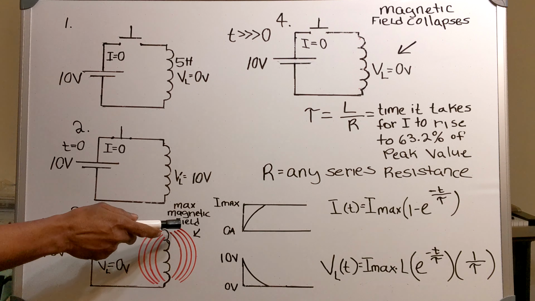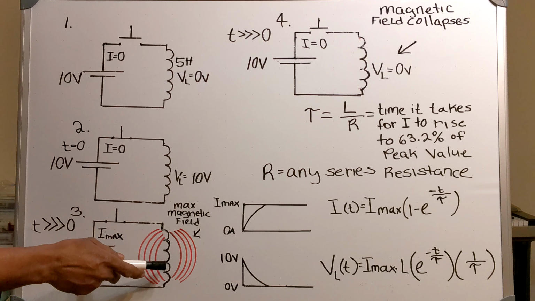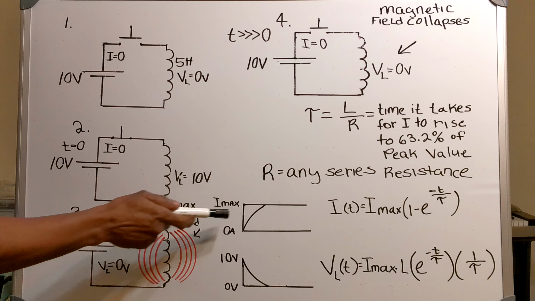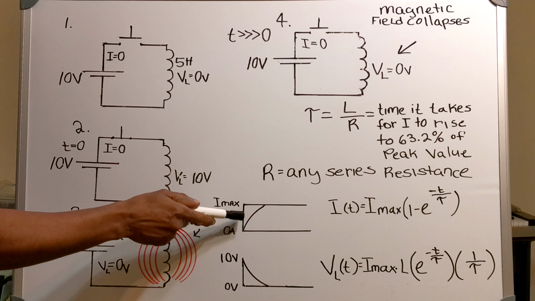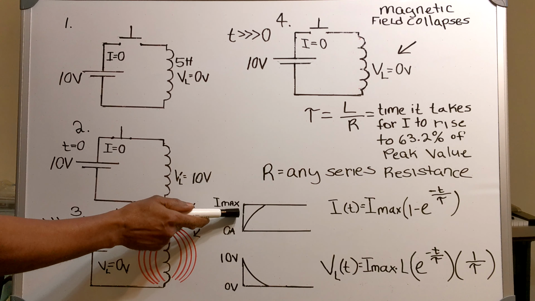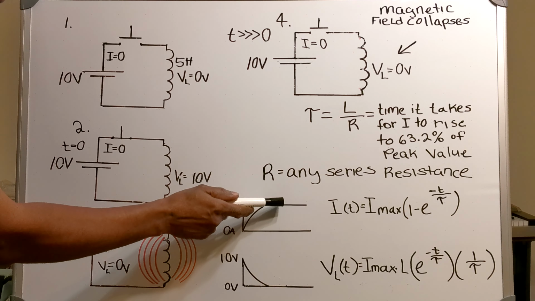The magnetic field across the inductor is also at maximum. Now this is the graph of the current, and this is the graph of the voltage. The current is at its maximum.